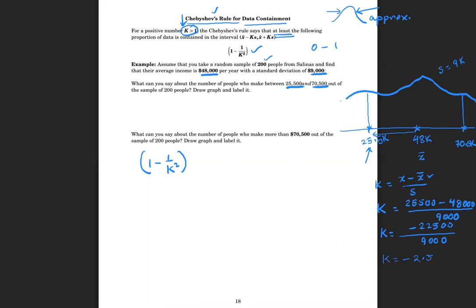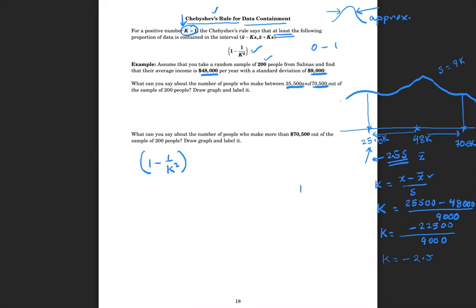So you move 2.5 standard deviations to the left. Now, how much do you move to the right? You can check it in exactly the same way. You will see that it's 2.5 to the right.